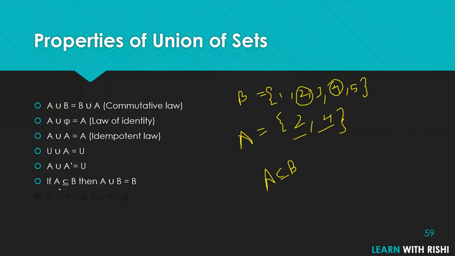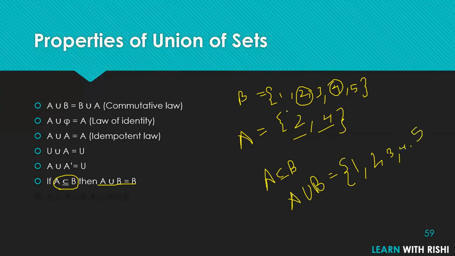Then, if this is the condition, if A is a subset of B, then A union B is equal to B. So if you take A union B here, what will you get? All the elements present in A and B. So 1, 2, 3, 4, 5.